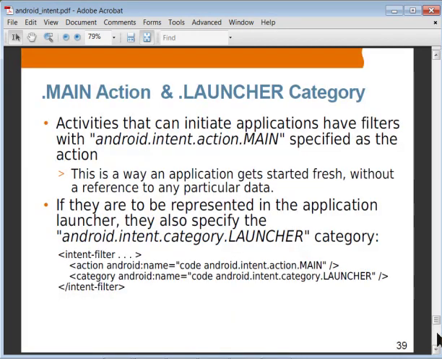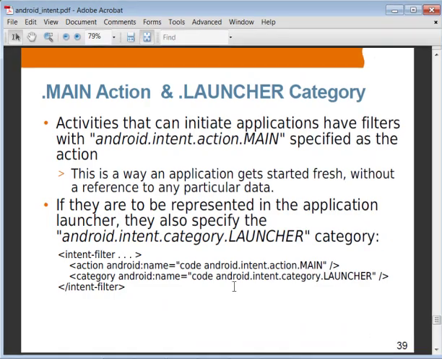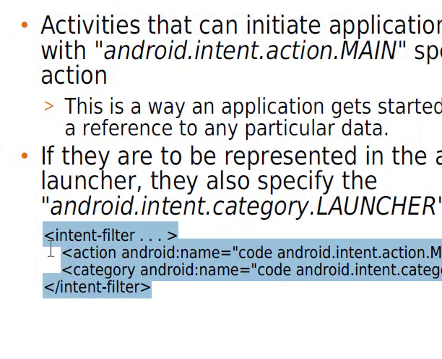So, special use cases. We have seen this example so far, right? These 4 lines of code in your manifest file basically say that any activity with these 4 lines in the manifest file is the starting activity. It's like a main class in Java, and that's basically what this is all about.